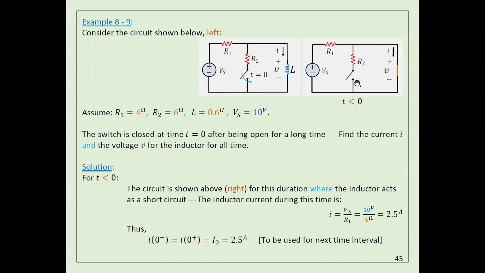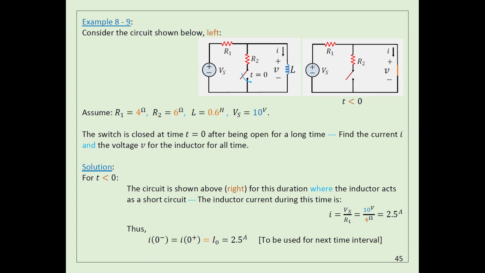You got what I'm saying? It's a very good question. So yes, it was open here, but there was a path for the current to go through the inductor. So it's not like switch always open, so no current. No, it's not like that. It depends on how you connect the circuit. Okay? So anyway, now you have the initial current. This is the initial current. I need it.